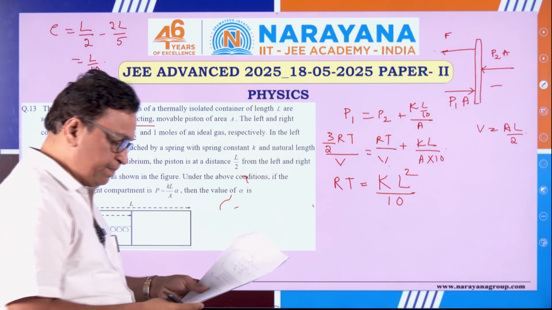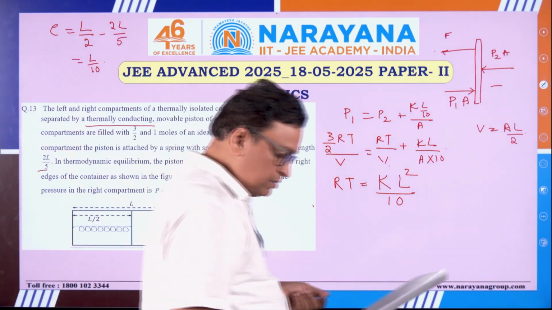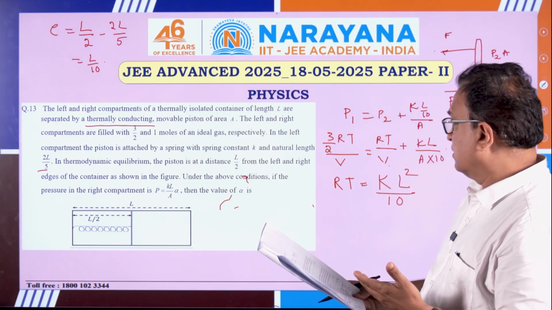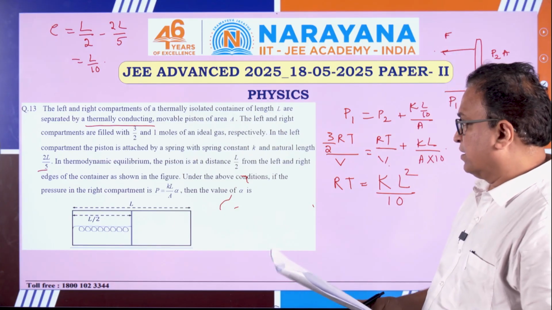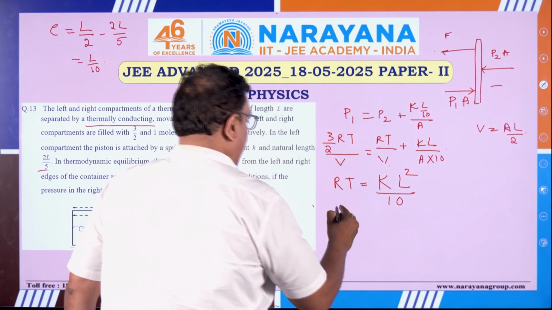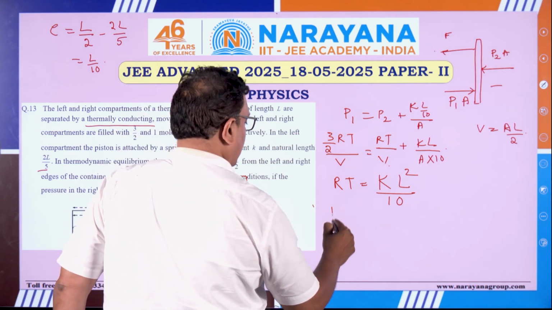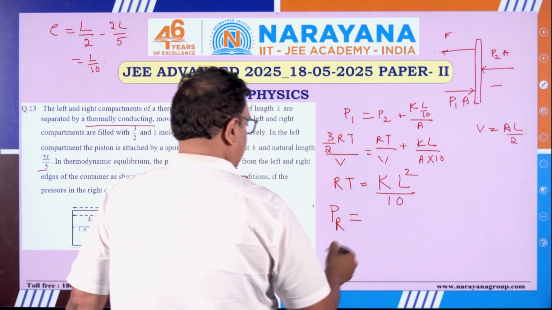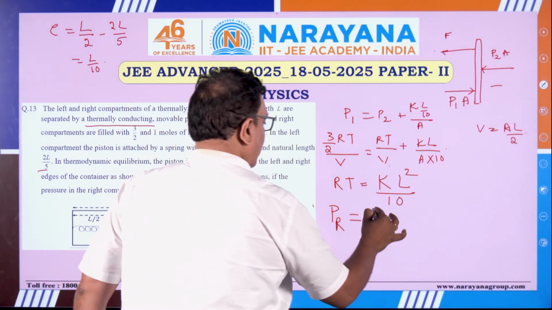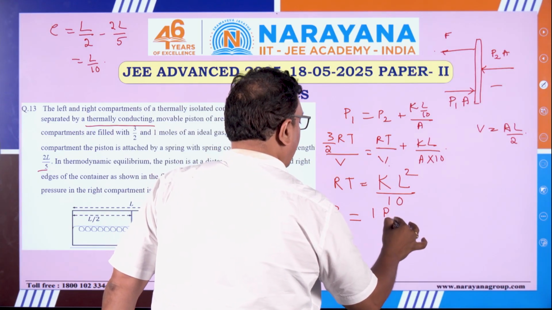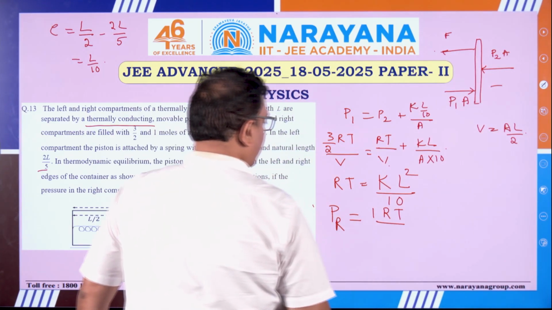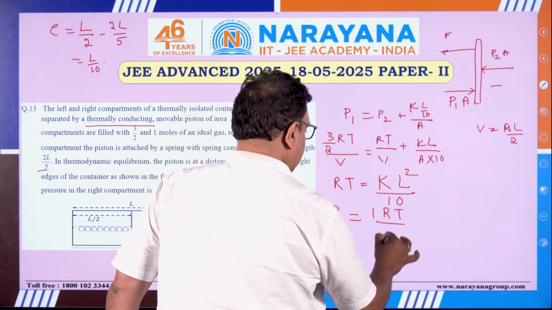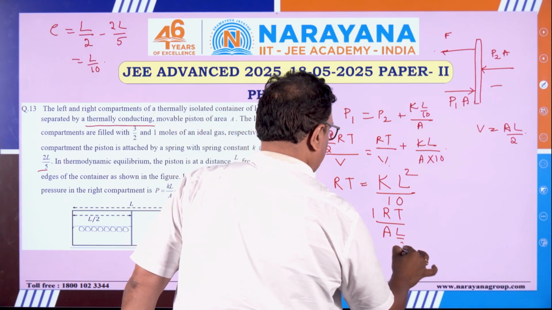Right, let it be. What do you want basically? You want the pressure in the right compartment. What exactly is the pressure in the right compartment? In the right compartment you have only 1 mole, so RT by volume. Volume is A into L by 2.